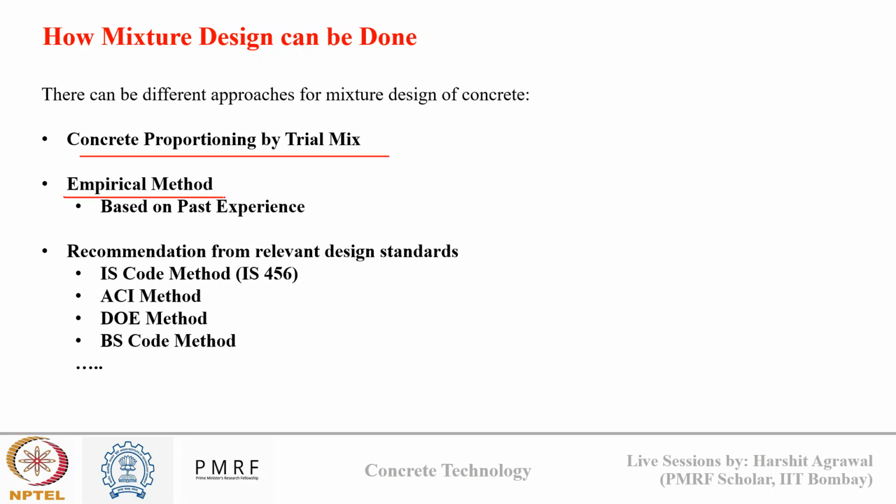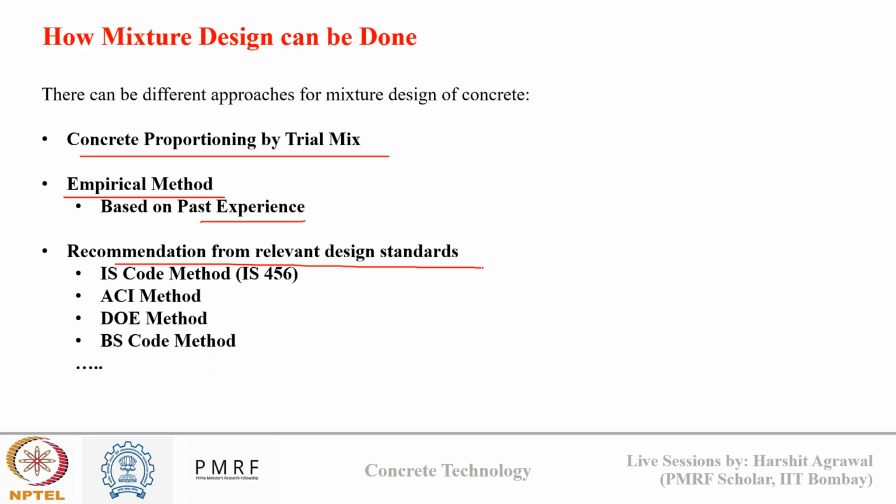Second is the empirical method, which is based on experience. As you prepare more and more concrete mixtures, after some time you will get an idea from your experience what proportion to use to achieve a certain grade or a certain fresh property. But this comes out accurate only after you have gained sufficient experience in mixture design. And the third is based on recommendations from relevant mixture design standards.